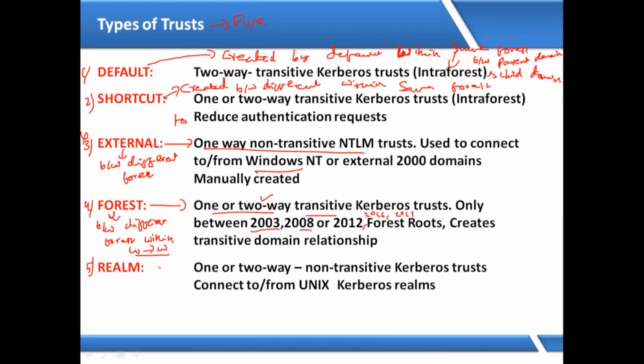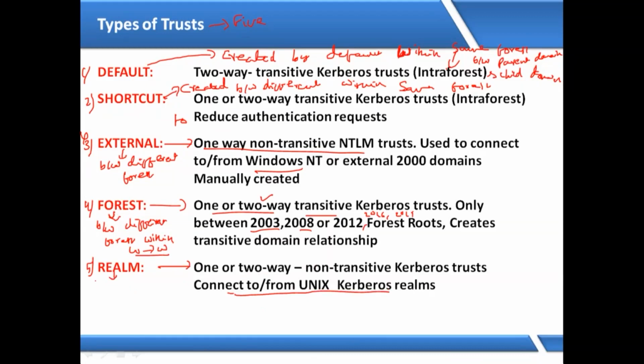Whereas the Realm trust is one-way and two-way non-transitive, but it is used between different forests with different OS. Forest is within the same OS, meaning Windows to Windows. Realm is between Windows to non-Windows.